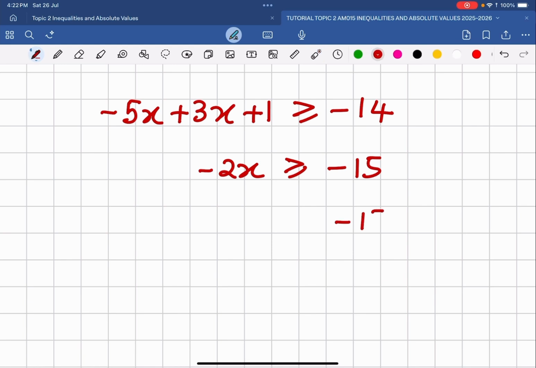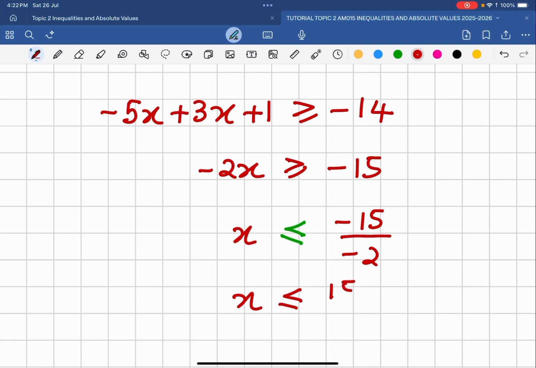Negative 15 divided by negative 2, and now we have x on the left and it is positive. Once we divide by a negative, we must reverse the sign, so x is less than or equal to the symbol.